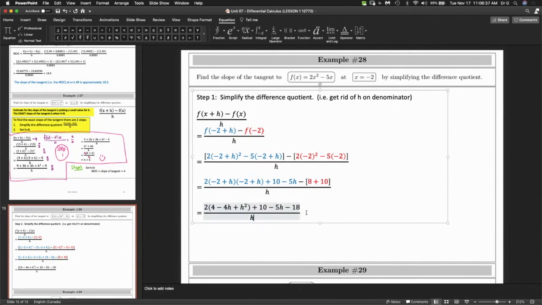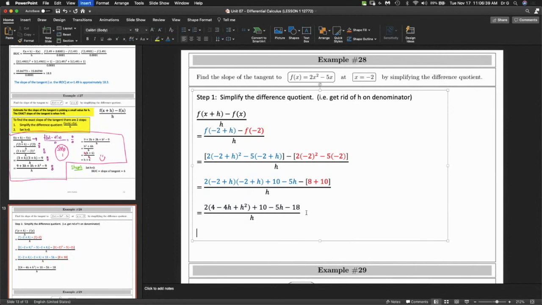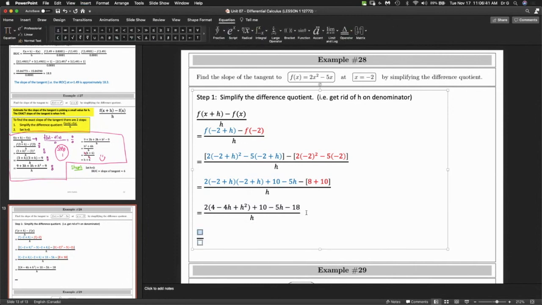I hope that you're not getting too scared of this. This is not anything about calculus right now. This is just cleaning up a bunch of algebra. So if you expand out that bracket, we distribute, we get an 8 minus 8h plus 2h squared plus 10 minus 5h minus 18 over h.